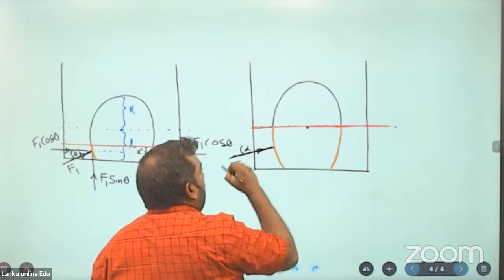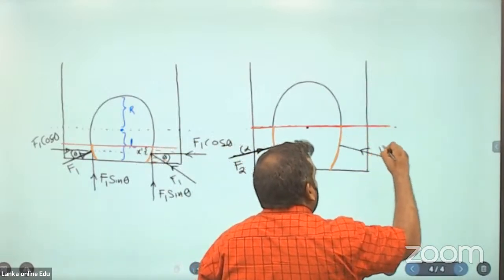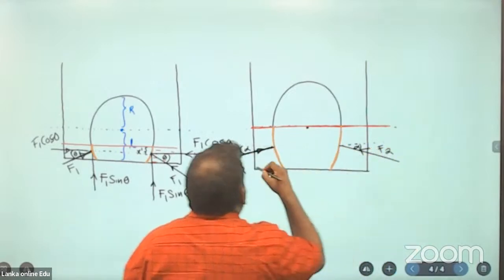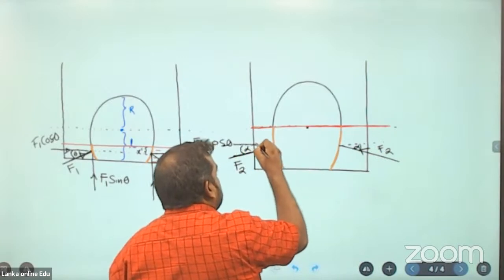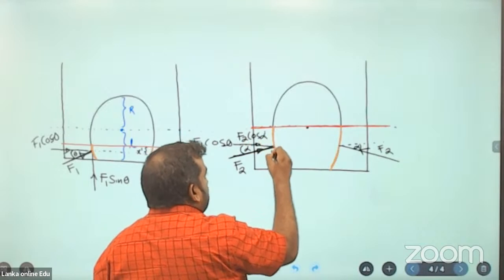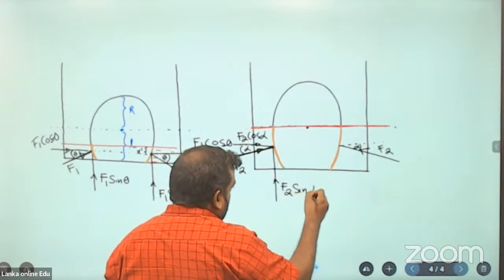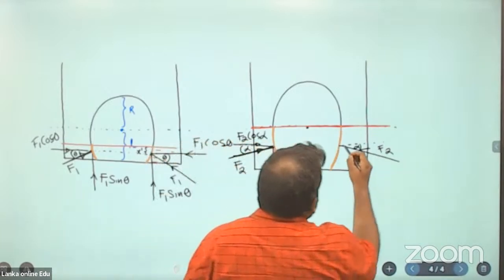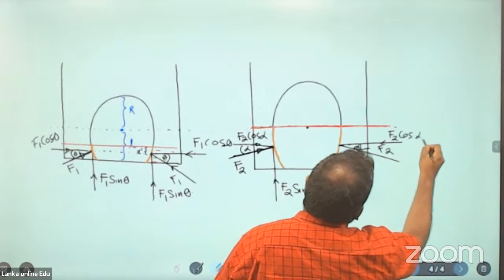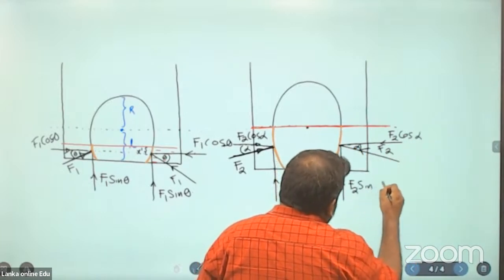Angle is alpha. F2 cos alpha, and F2 sin alpha is acting in the upward direction.